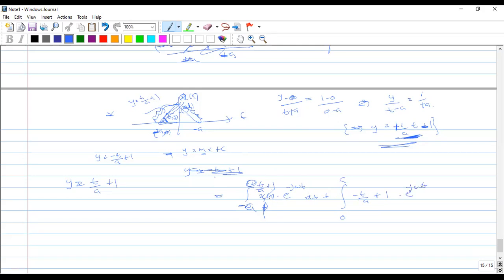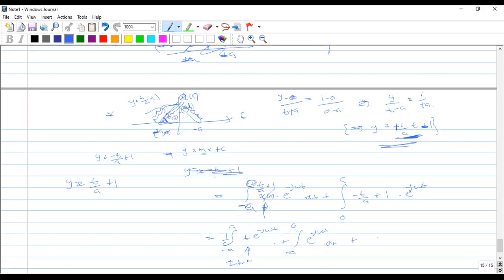So you have to evaluate, you can see that here you have 4 terms. From 0 to a, t by a, 1/a you can take out, t by a e to the power minus j omega t, plus from minus a to 0, e to the power minus j omega t dt. To evaluate this, you have to do integration by parts.